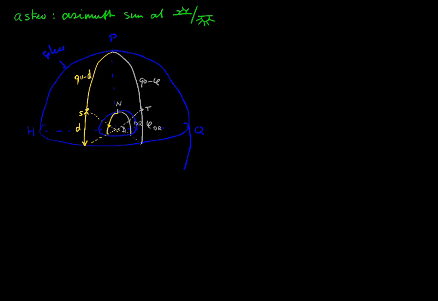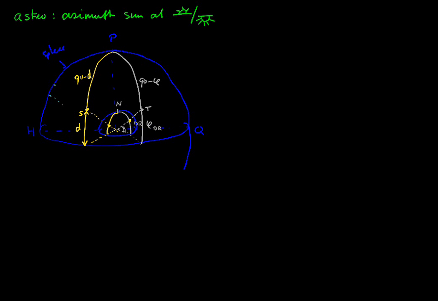Now we go back to our position. We are here on Earth, and looking upwards we see point T, the top point, and with that information we can construct the local horizon.